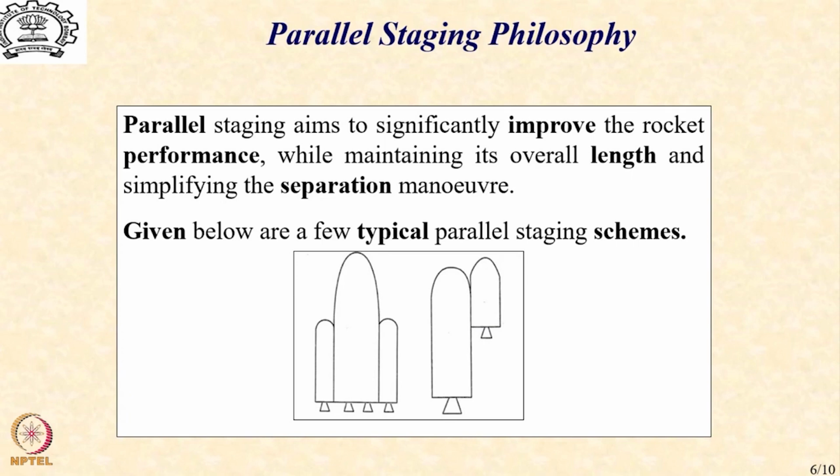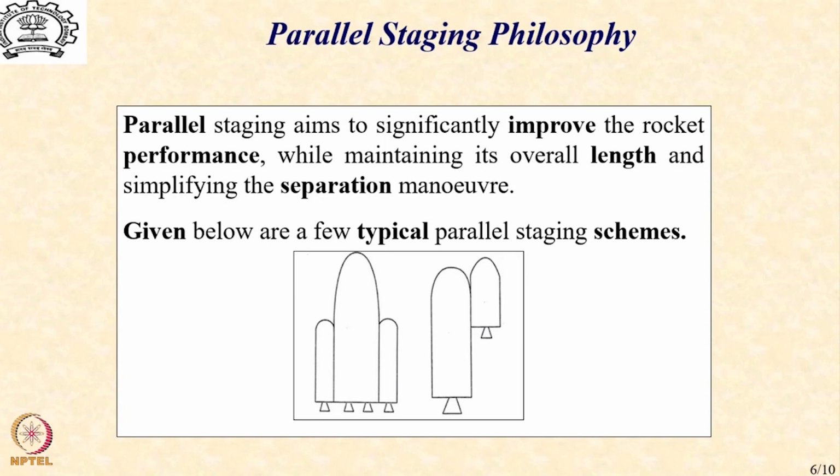Because in the series staging, if you start the upper stage before the lower stage has been separated, then the hot gases will have an exhaust issue. So you really cannot do that.